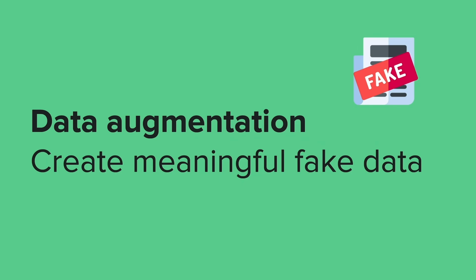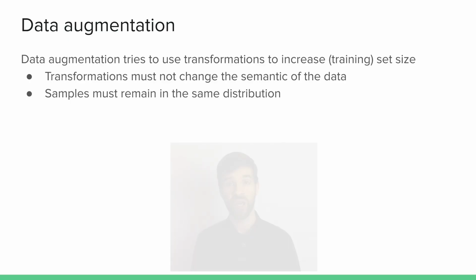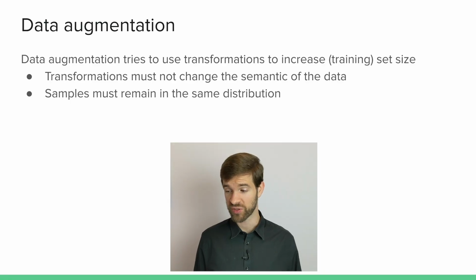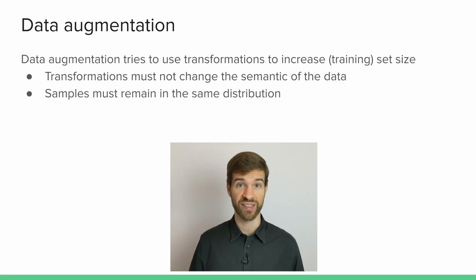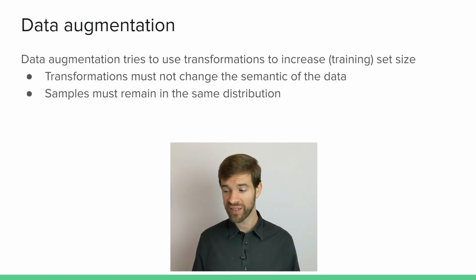Data augmentation therefore comes in handy, where we try to create meaningful fake data. What data augmentation does is use transformations to increase our training set size, which is exactly what we want, while at the same time staying within our distribution and not changing the semantics of our input data, obviously.